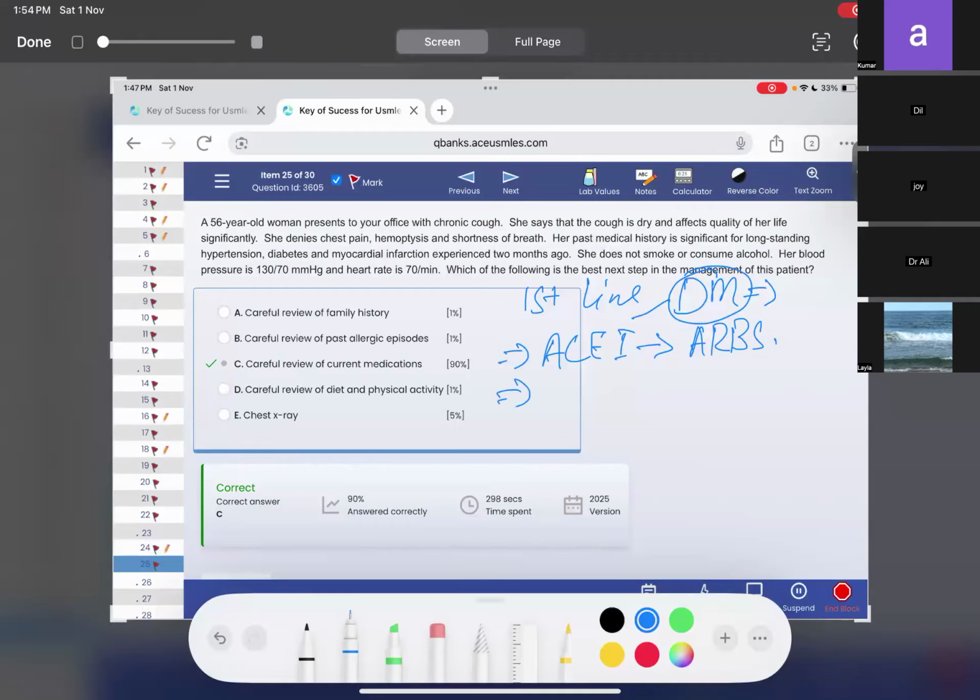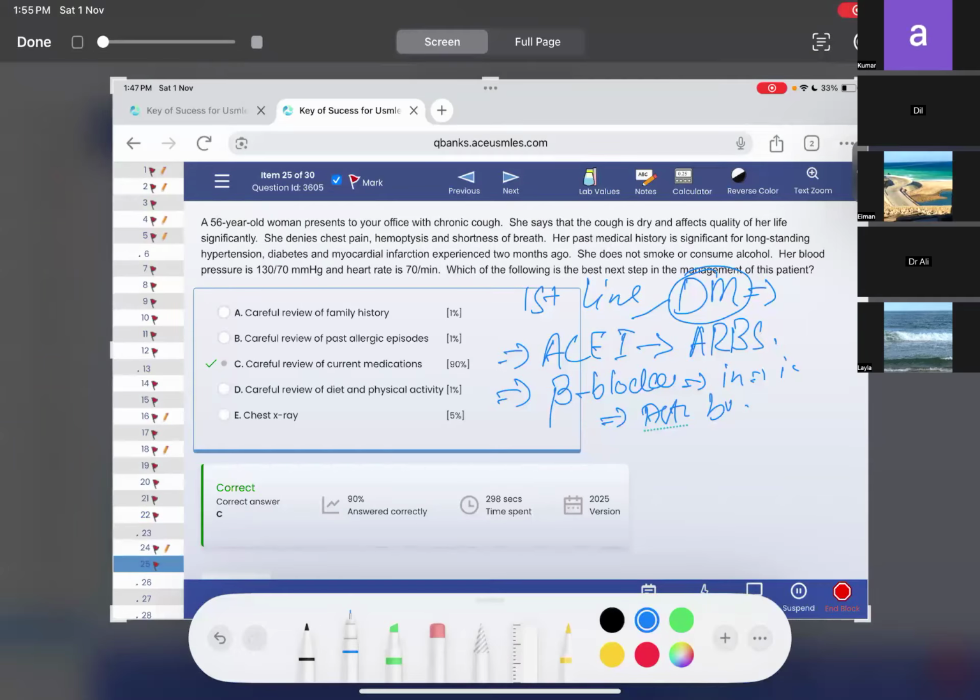Beta blockers are usually contraindicated in individuals who have asthma or bronchospasm. Can anybody tell me why? It'll exacerbate the situation. Excellent, it will exacerbate the situation.